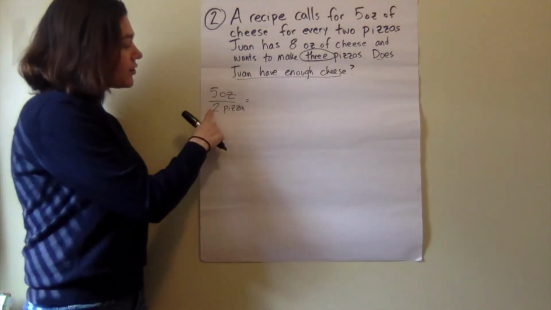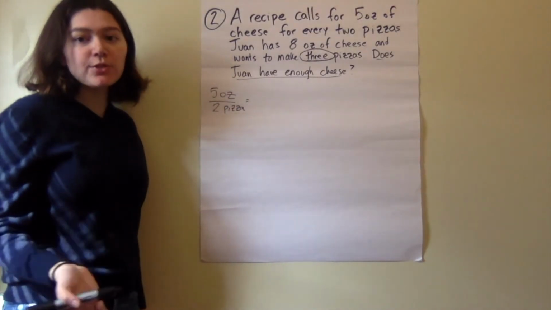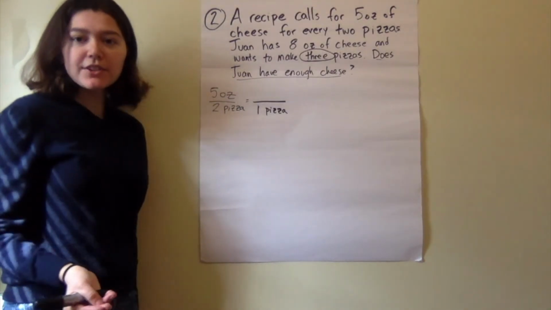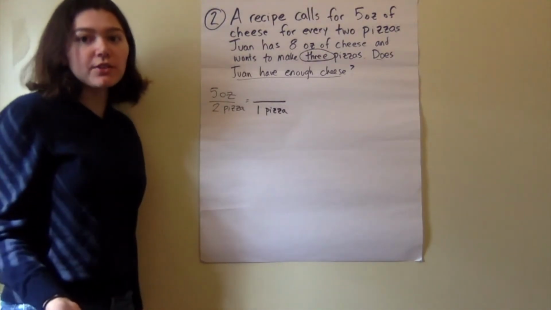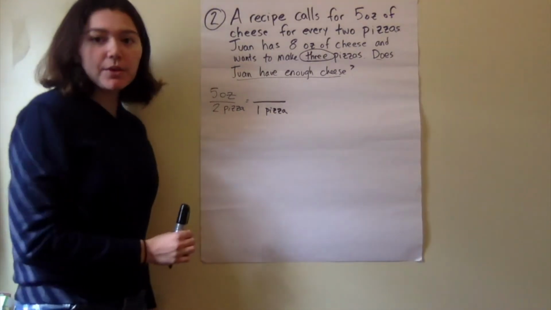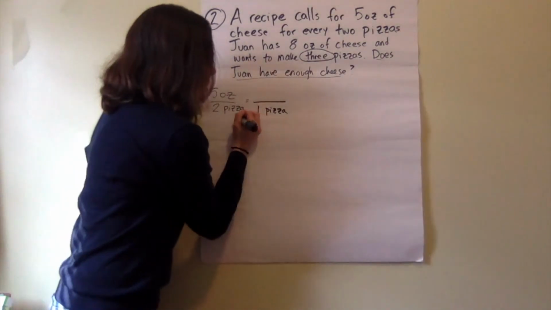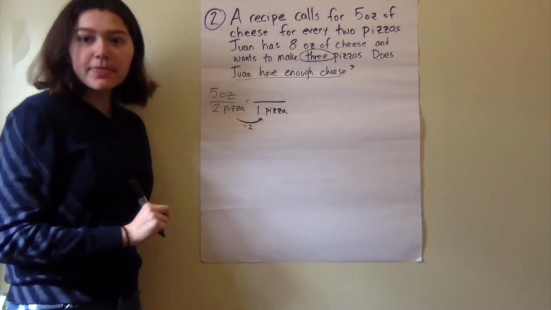But since 3 isn't a multiple of 2, what I'm going to do first is find that unit rate. So first I'm going to figure out how many ounces of cheese there are for 1 pizza, just using unit rates like we just did. So I'm going to ask myself, how do you get from 2 to 1? By multiplying or dividing. 2 divided by 2 equals 1.